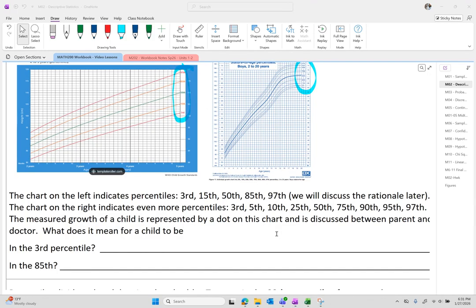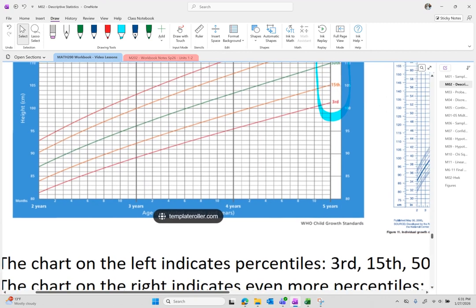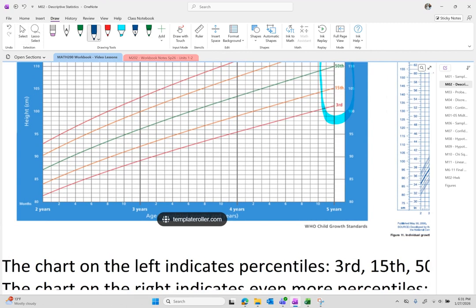When you take your kid to the doctor, the doctor places a dot on the chart, and then the growth of the child is discussed between the parent and the doctor. So what would it mean if a dot was placed at the age of 3 years on the 3rd percentile?